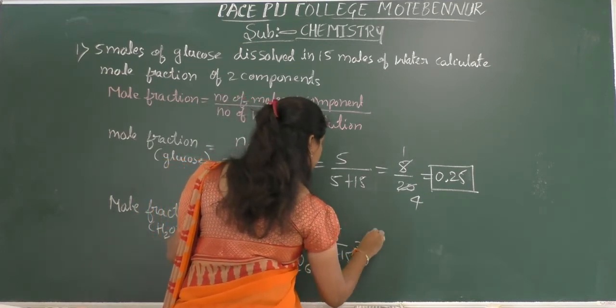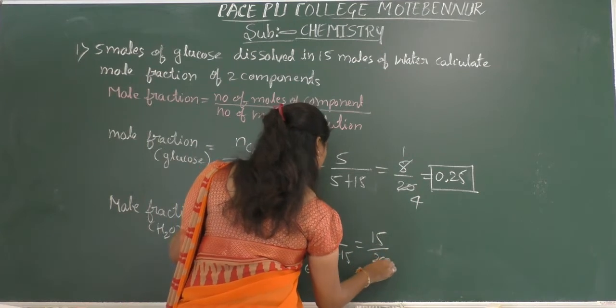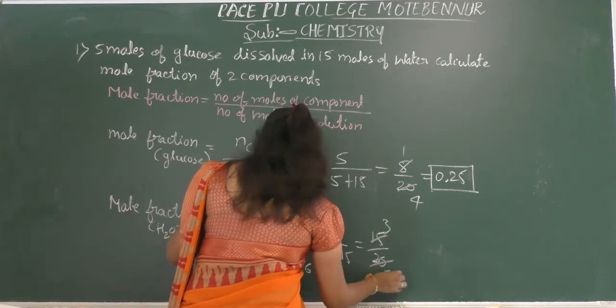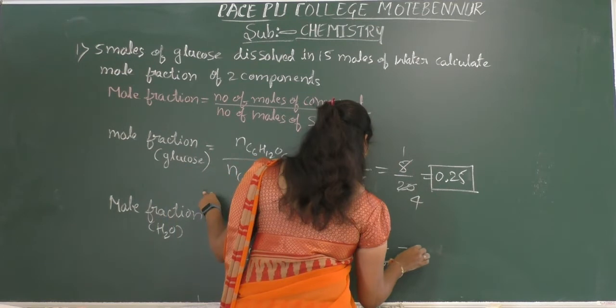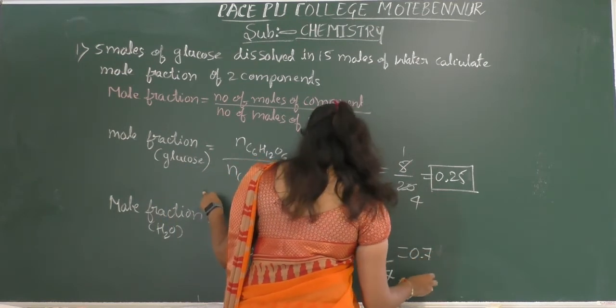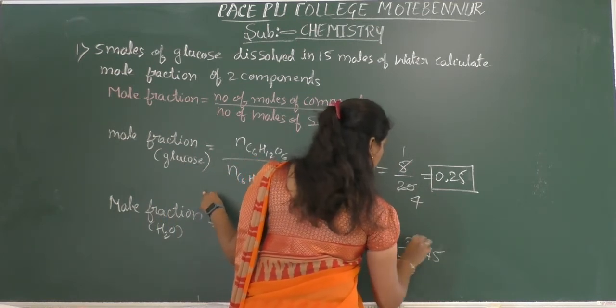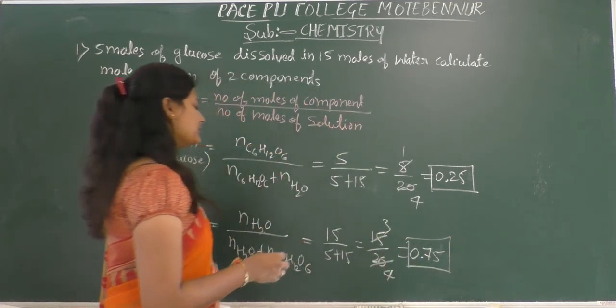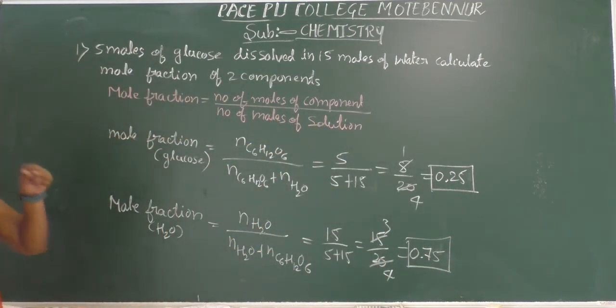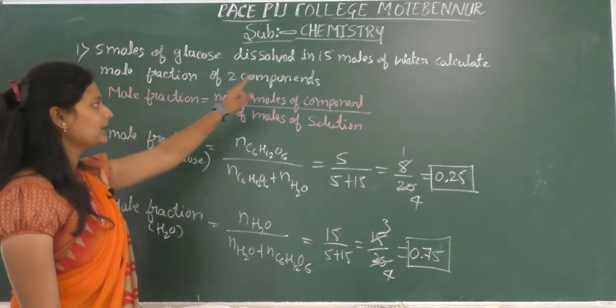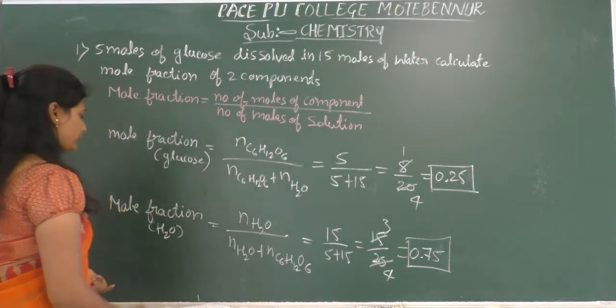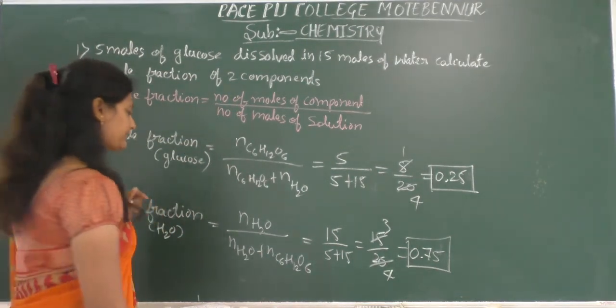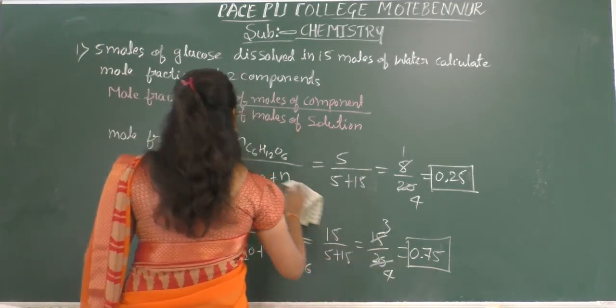So this will give us 15 divided by 20. So 3 fives are 15, 4 fives are 20. So here the answer will become 0.75. So this is the mole fraction of water in the given solution. Okay, I hope you understood this problem. So next we will solve another problem.